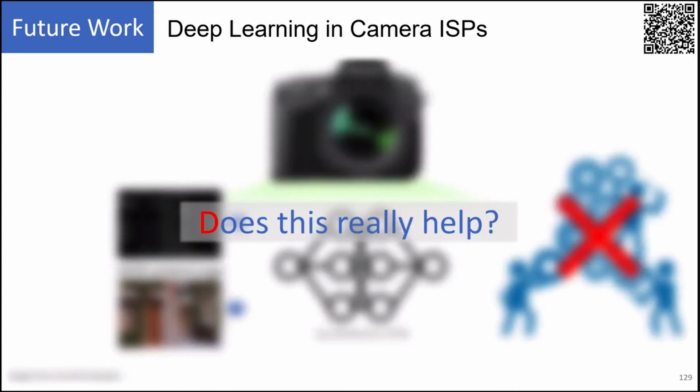Because in traditional supervised learning, we need target ground truth images, and in many cases, they would be generated by another camera ISP. So what is the upper bound of this single DNN ISP in terms of image quality, and how can we deal with any failure case compared with the traditional camera ISP, where we can diagnose every step?